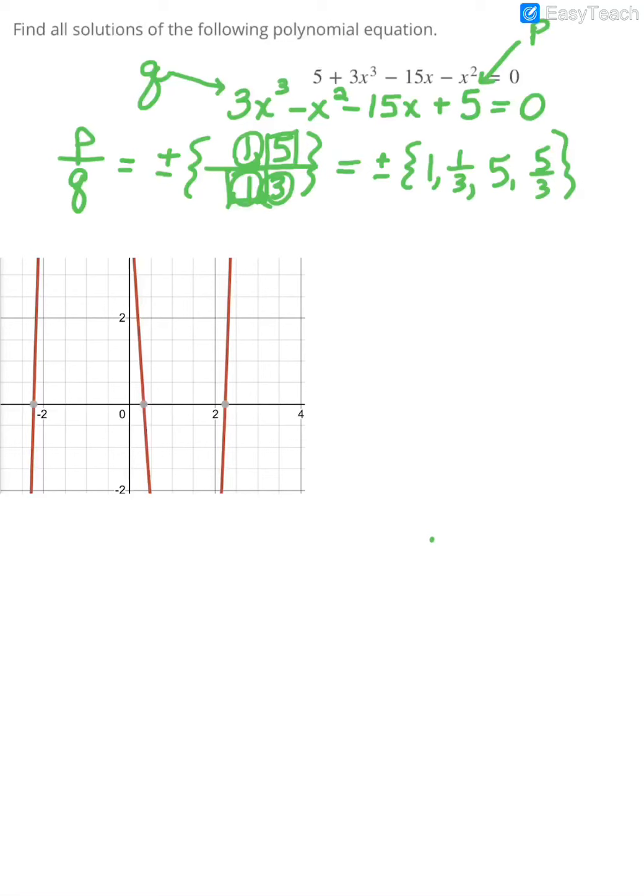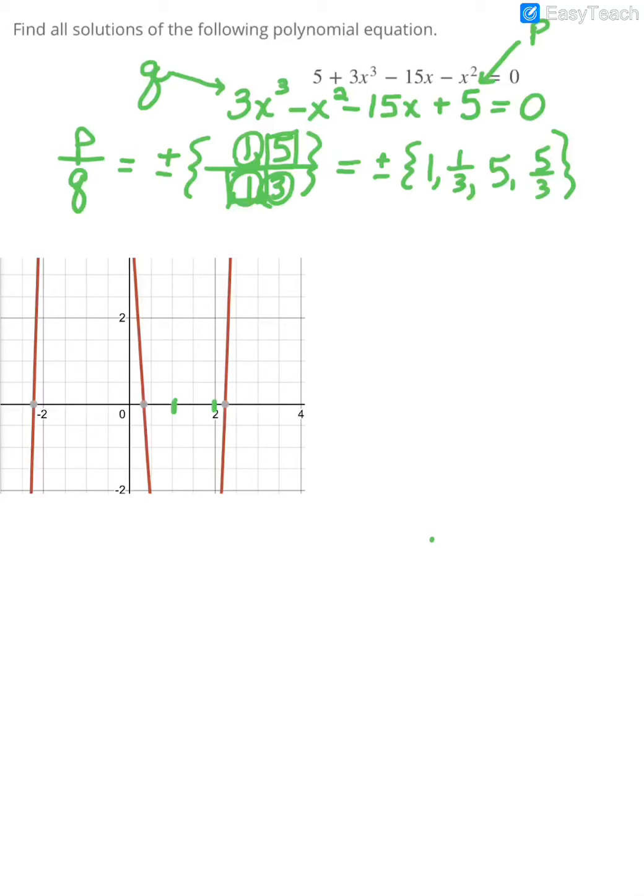Okay, so at this step, we will look at a graph to see if we can identify at least one zero from our list. And you'll notice there are no definite integer values in that list. So what we have to do instead is look at some of our potential fractions. Now notice if this is 2 here, this would be 1.